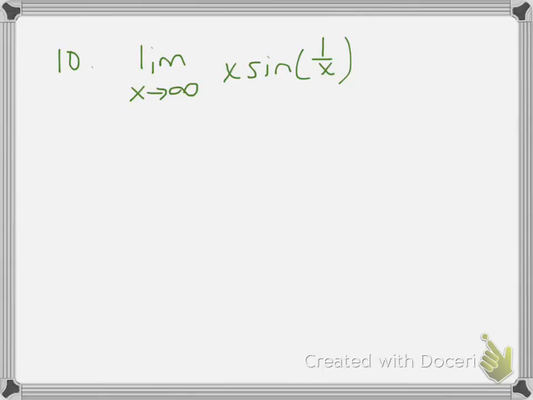If you plug infinity in here, that would be infinity times 1 over x, or 1 over infinity, 0, so then sine of 0 would be 0, so this is infinity times 0. Infinity times 0 does not equal 0, unfortunately. Sometimes it might, and sometimes it doesn't.